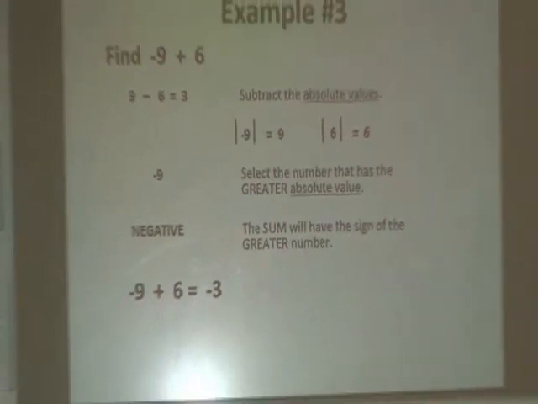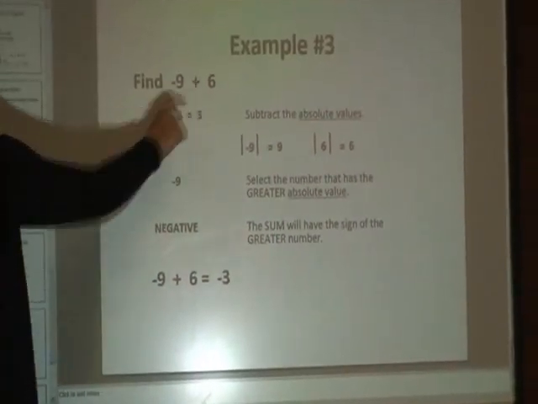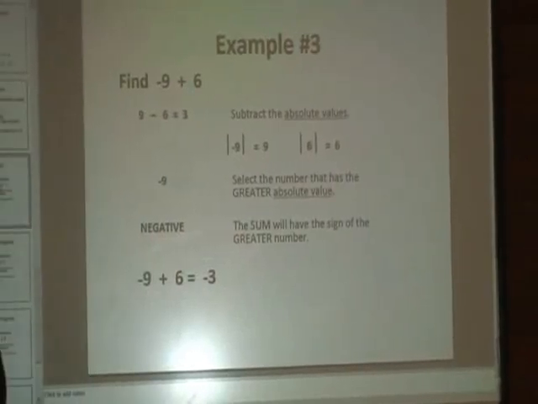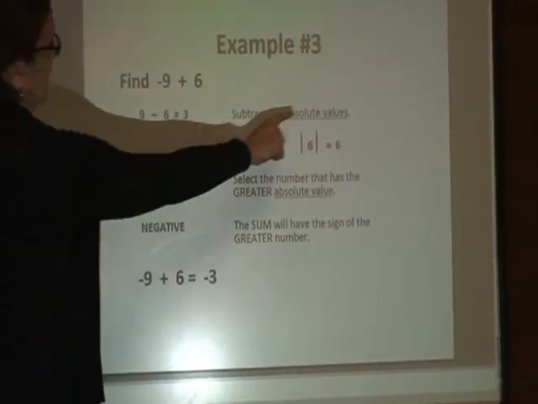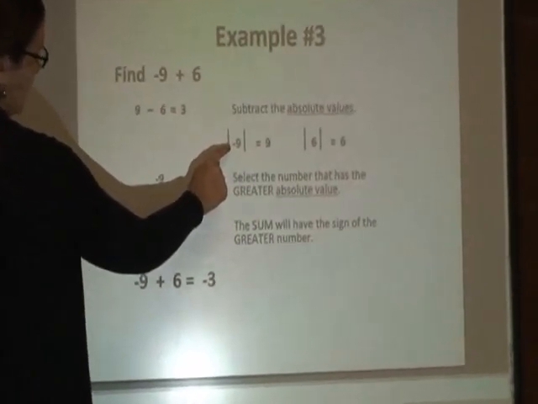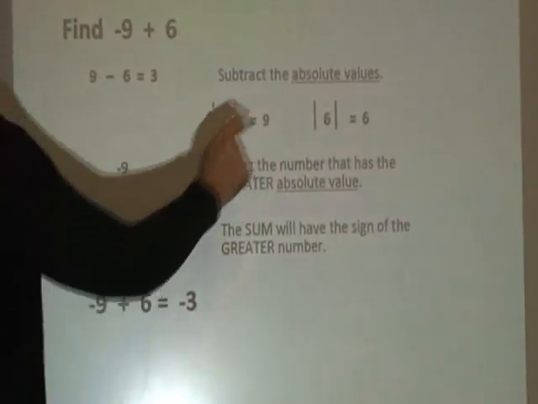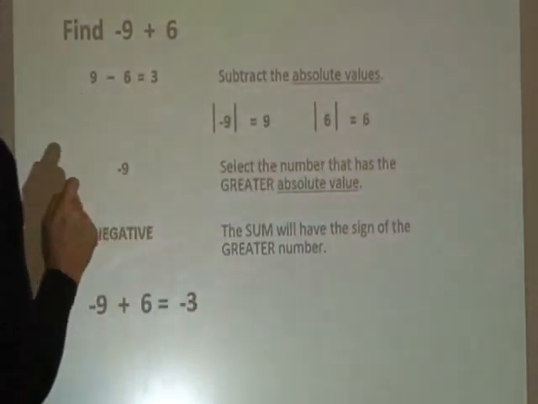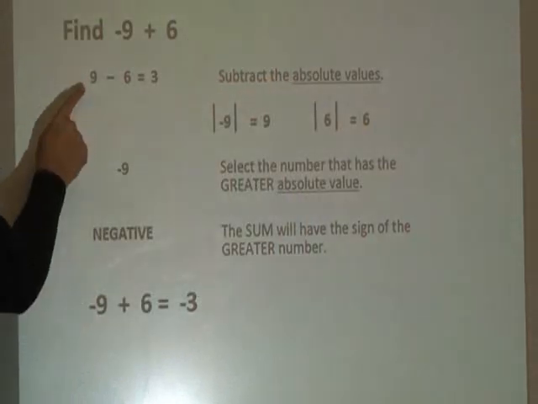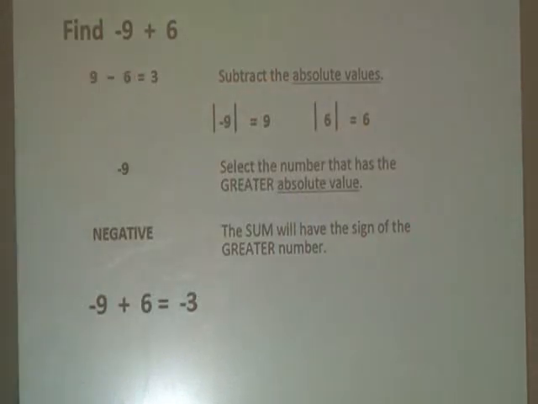Let's try an example. Find negative 9 plus 6 using absolute value. The first step is to subtract the absolute values. The absolute value of negative 9 is 9, and the absolute value of 6 is 6. So I am going to subtract 9 and 6. 9 minus 6 equals 3.